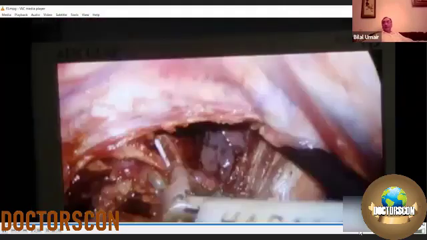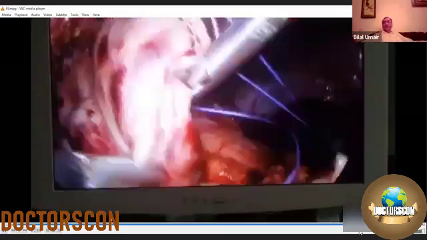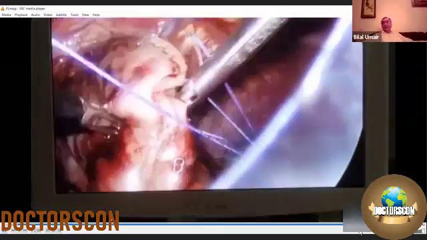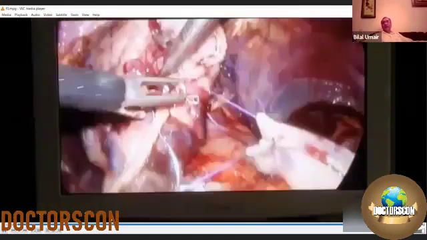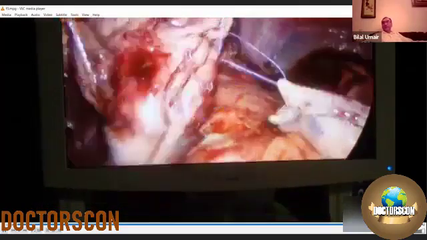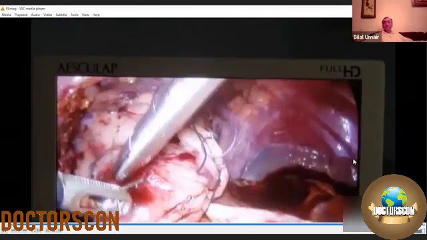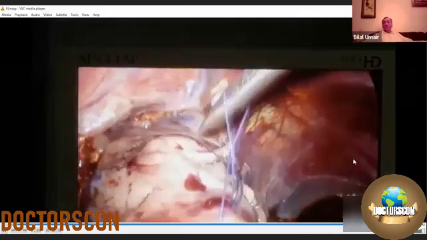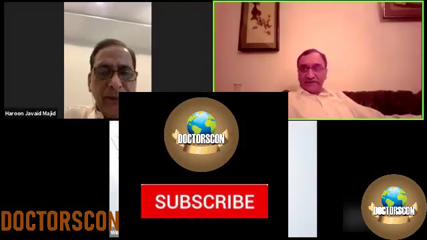And now we will sew the tube to the remnant so that it can be pulled up from the neck through the posterior mediastinum. So this is as far as the procedure is concerned.